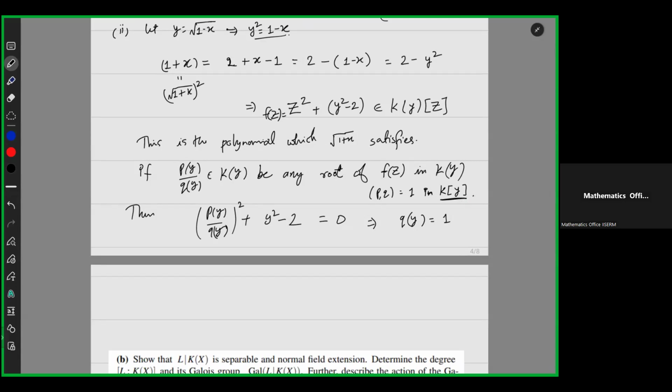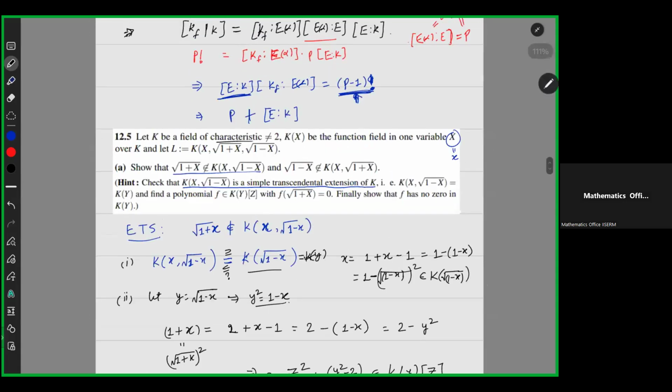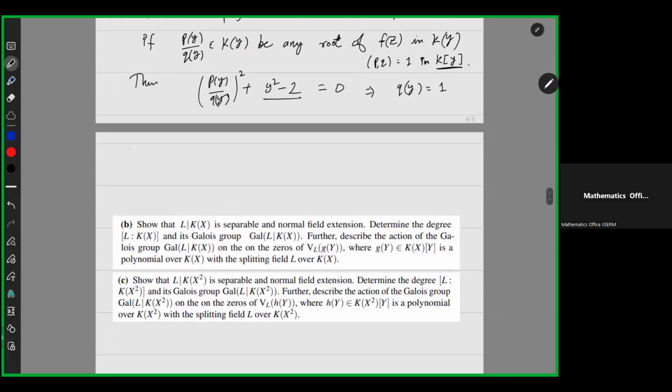Now y square minus 2 is not a square. That is why we have chosen characteristic not equal to 2. Okay, characteristic of k not equal to 2 implies y square minus 2 is not a square in k[y].